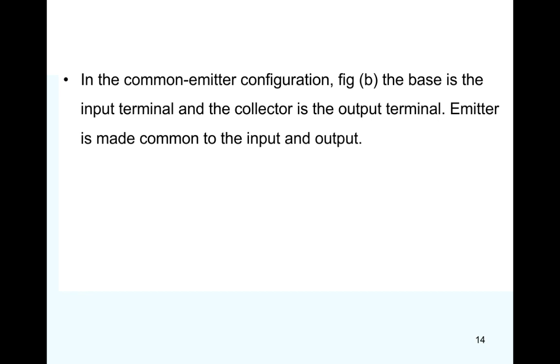We connect the input between base and emitter, and we take the output between collector and emitter. So the base is the input terminal and the collector is the output terminal. The emitter is made common to input and output.